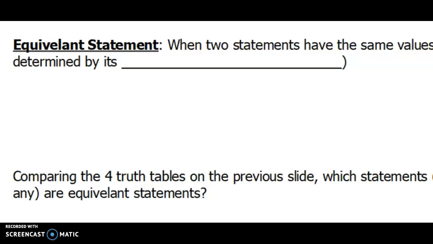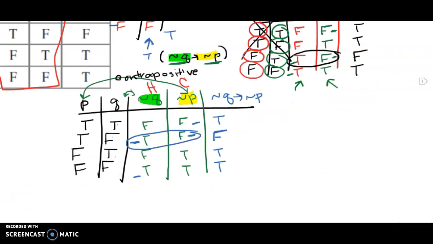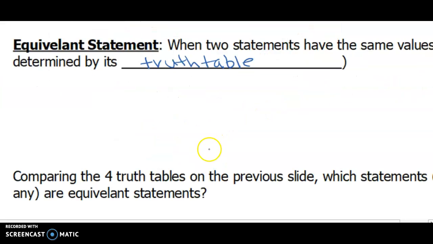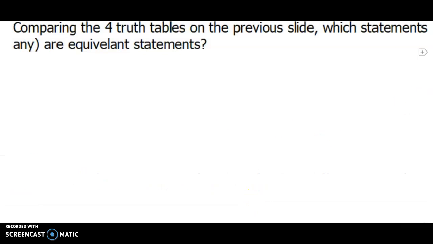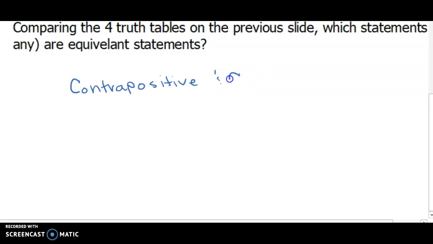All right, so equivalent statements would be when two statements have the same values determined by their truth table. Okay, so if we compare the four truth tables on our previous slide, you should notice that we have pairs here. So notice that the contrapositive and the conditional table both have the same truth table.